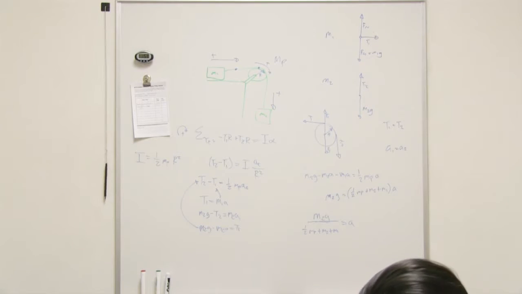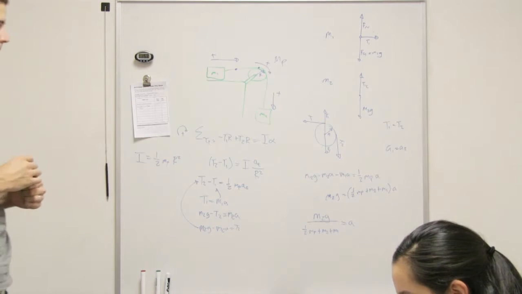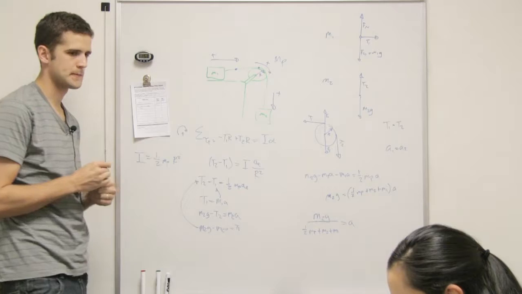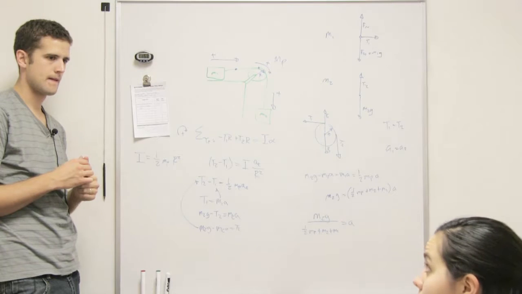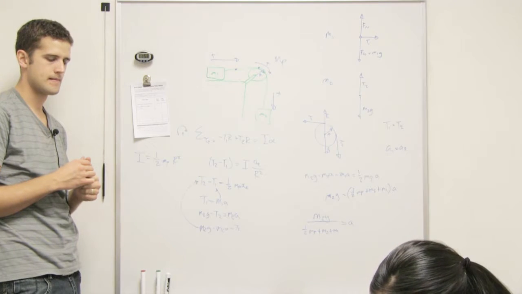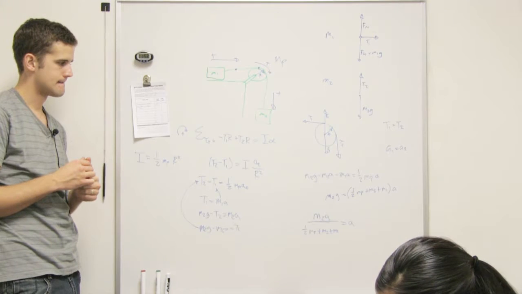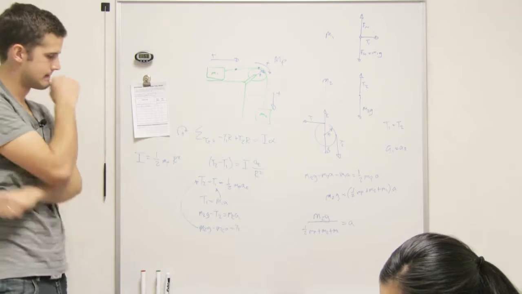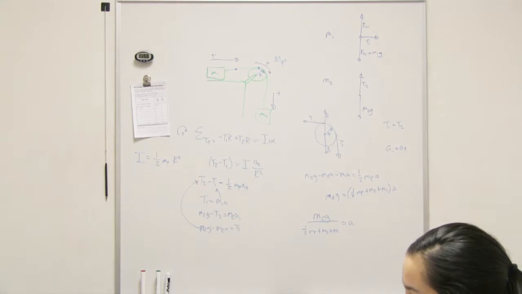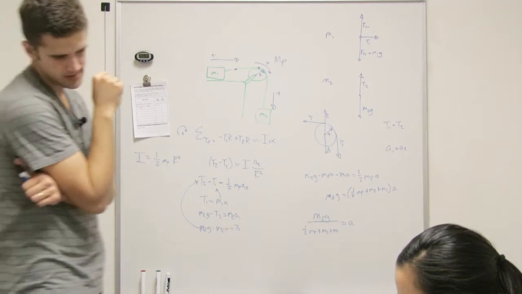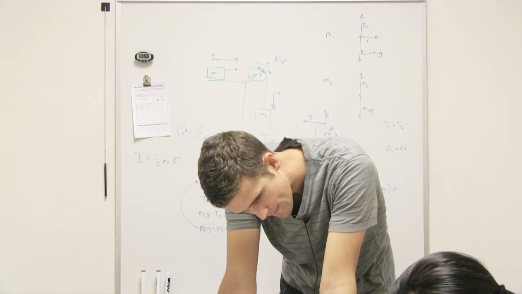And then it says check your answer by setting the mass of the pulley to 0. If we set the mass of the pulley equal to 0, then we would still get a greater tension. Wait, no. We would get M2 squared G. Let me think. So for your tensions, you set the mass of the pulley equal to 0.